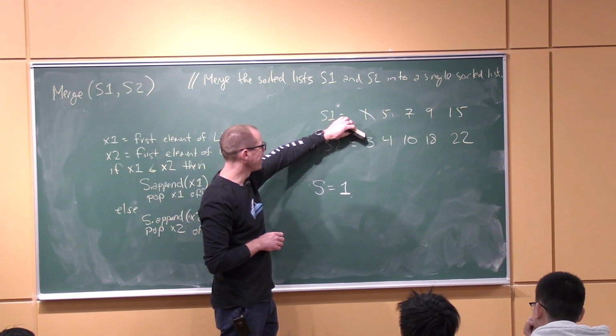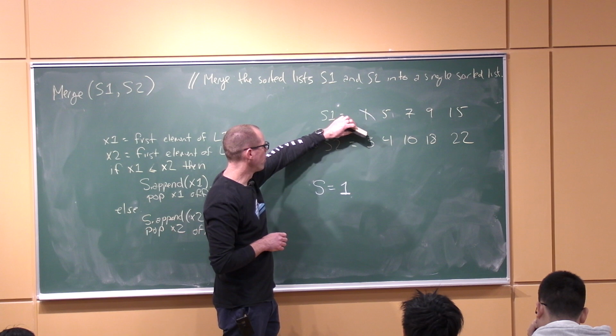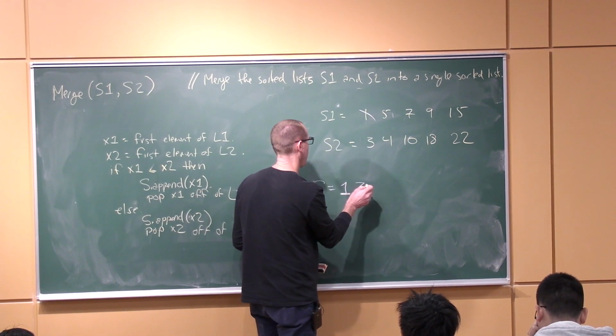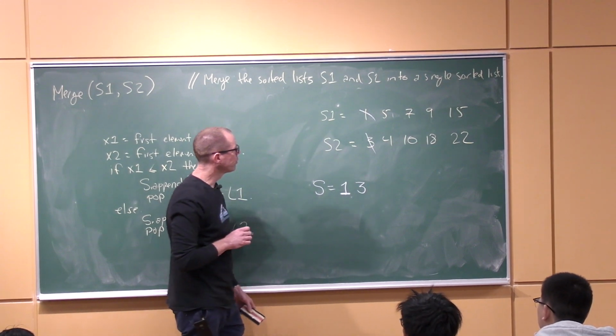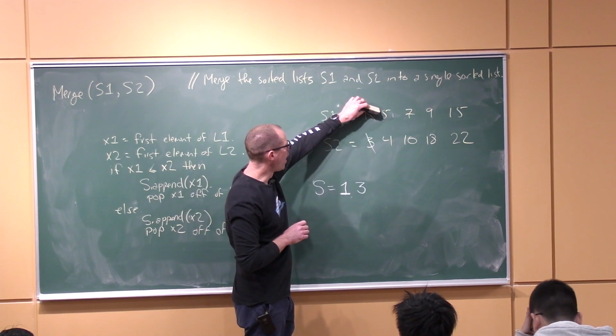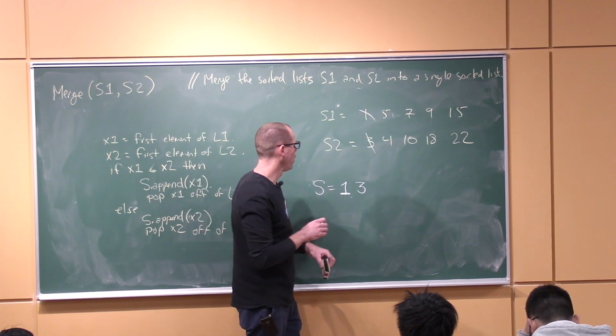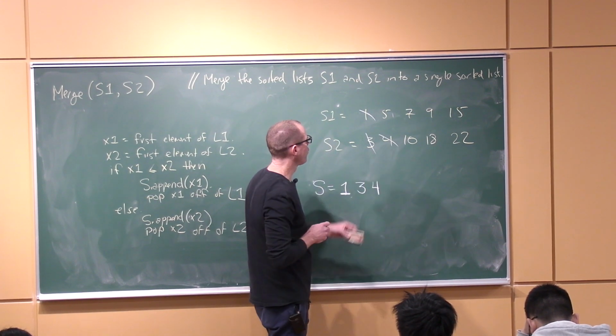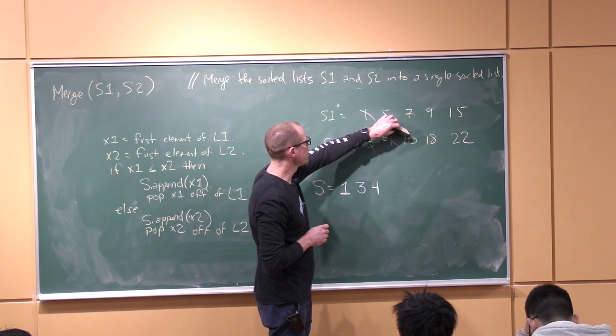5 is not less than or equal to 3, so we'll take the element of S2. So we get 3, and we cross that off. And now it's 5 versus 4. We take the 4 and cross it off. Now it's 5 versus 10.